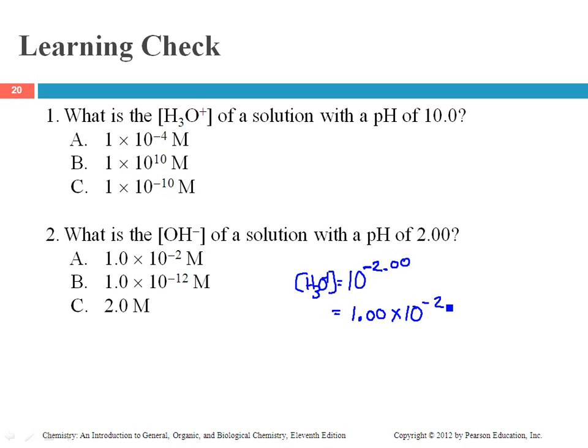Now we have our hydronium concentration, but we need the hydroxide concentration. So A here would not be correct, because that would be the hydronium. Now we use our ion product constant equation.